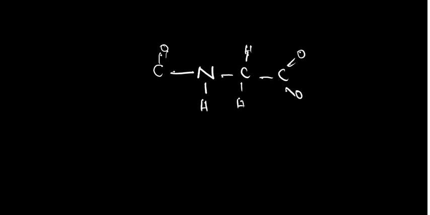Okay, so remember that we have two amino acids here that are involved in bond forming. Oh sorry, there's another group here. Okay, so this is the R group, this is the H. Alright, so what I want you to see is that this bond, let me just use a different marker.